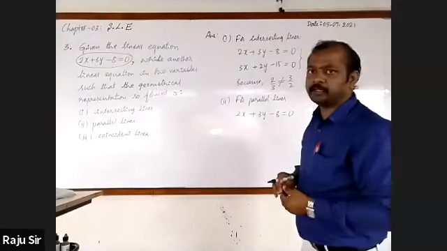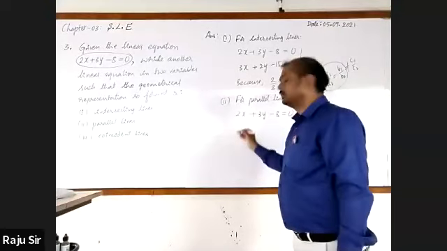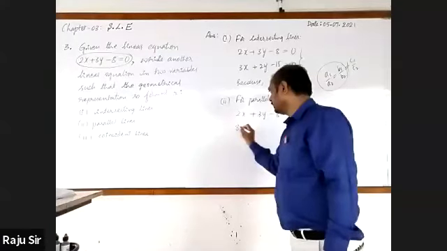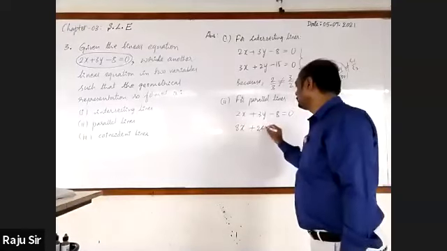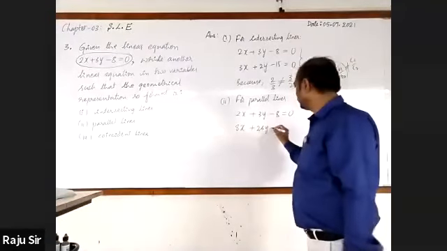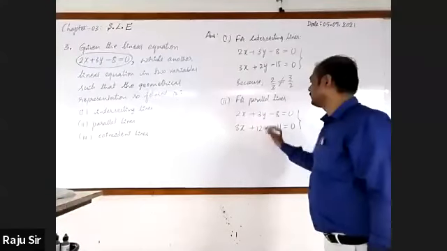Any number, say 4. 4 twos are 8x. 4 threes are 12y. The last number can be taken as anything, say minus 11 equal to 0.